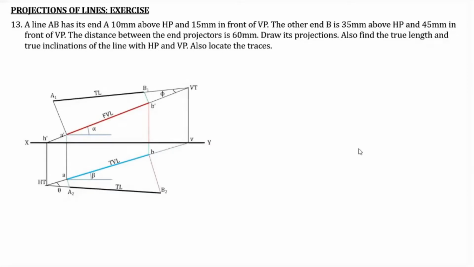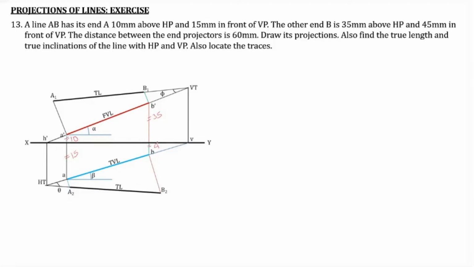So this is our base figure. In this one, the data given is that the end A is 10 millimeter above HP, that is this distance. The A dash is 10 millimeter above the XY line. And 15 millimeter in front of VP, that means the point A is 15 millimeter below the XY line. The other end B is 35 millimeter above HP, so this is 35 millimeter, and 45 millimeter in front of VP, so this is 45 millimeter.